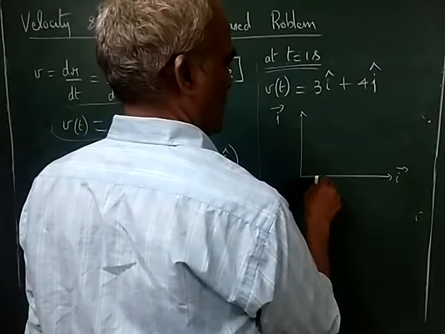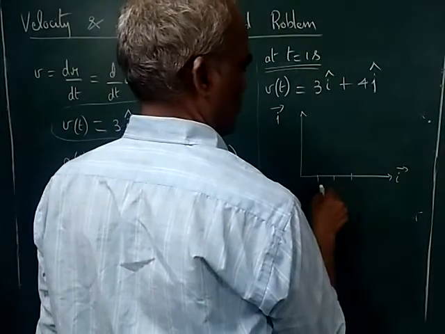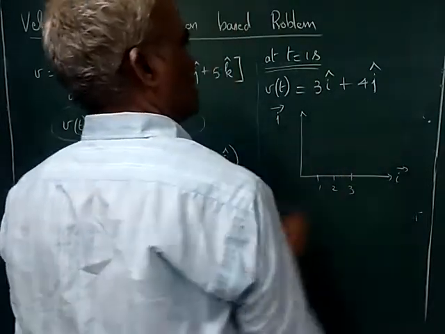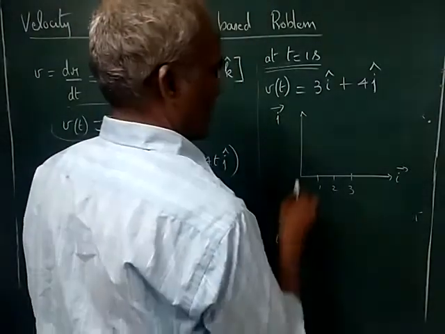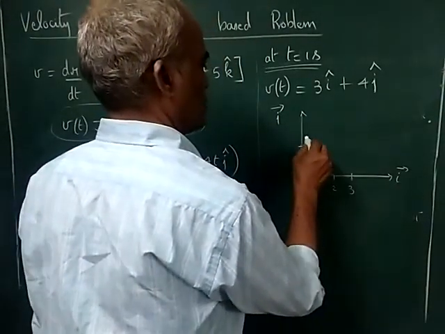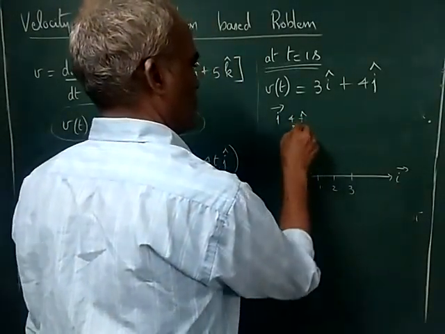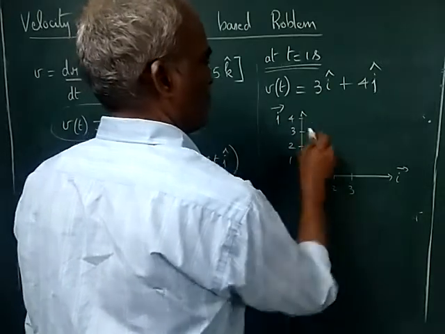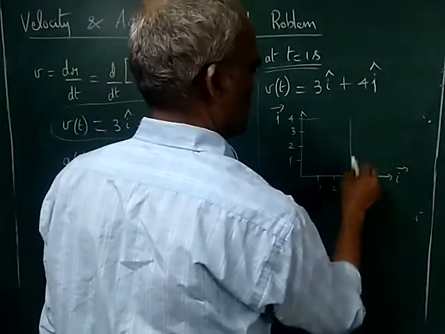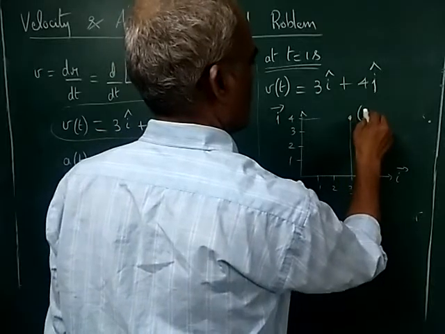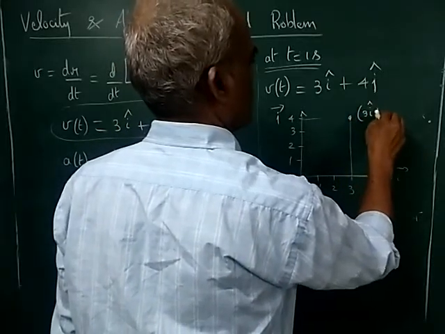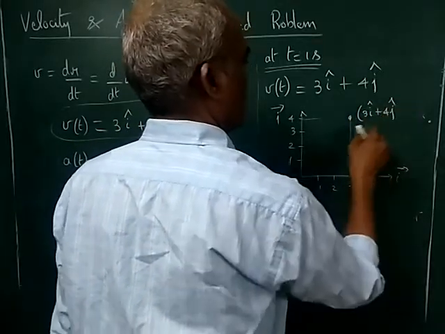So in the i direction we have 3, 1, 2, 3. In the j direction we have 4 j cap, that is 1, 2, 3, 4. So the meeting point of this will be 3 i cap plus 4 j cap.